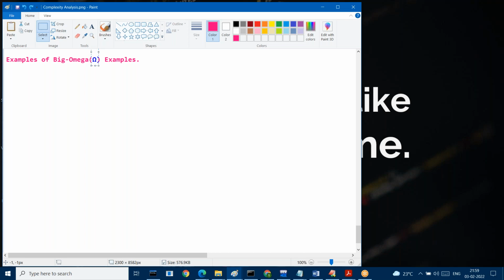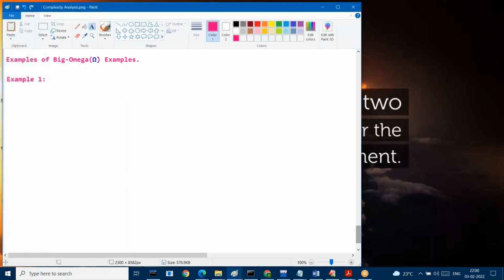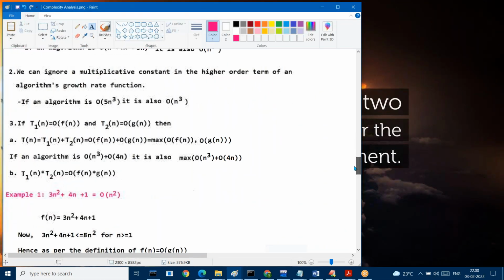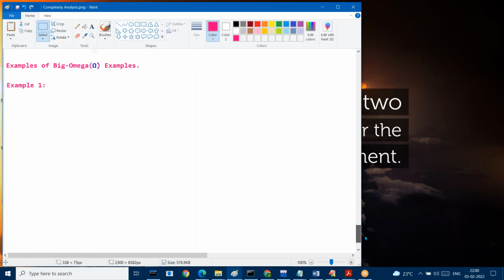Okay. So how can we do that, sir? Same example we are going to take only. Example 1. Let me take that same one: 3n square plus 4n plus 1.